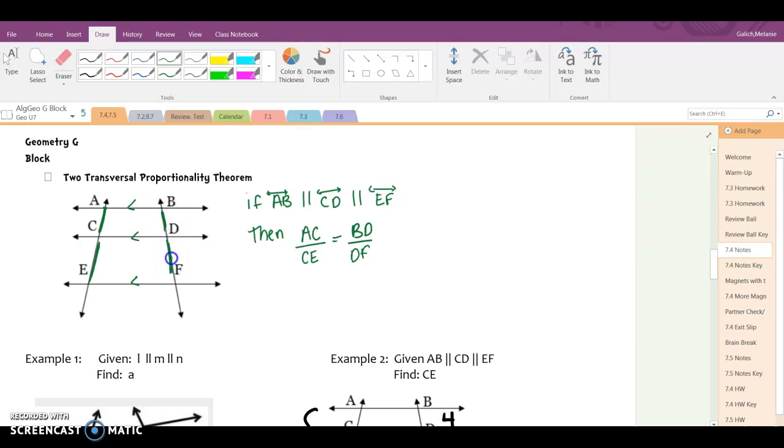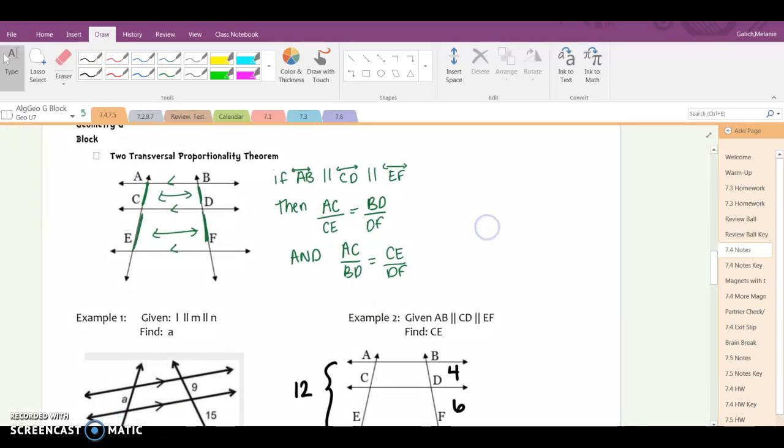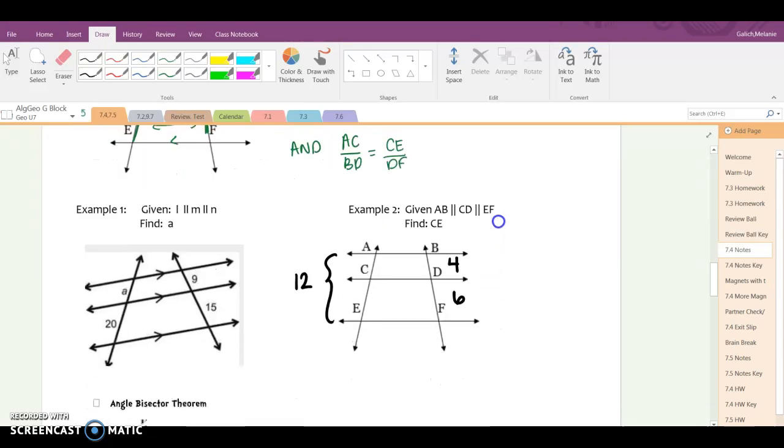Another option, something that's also true, is that AC over BD equals CE over DF. So if you want to go across, you can do that as well. We just have to make sure that they're proportional. So that's what your definition is. That was us going back to our definition.